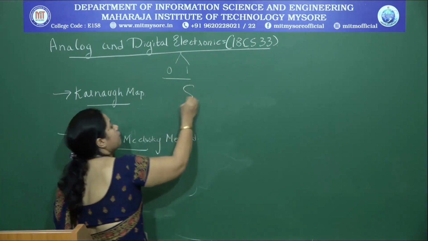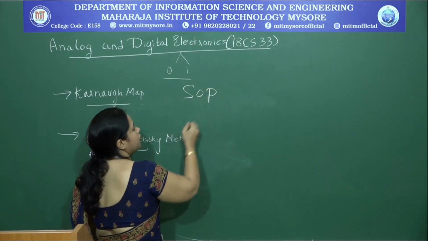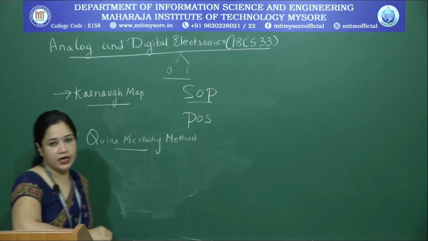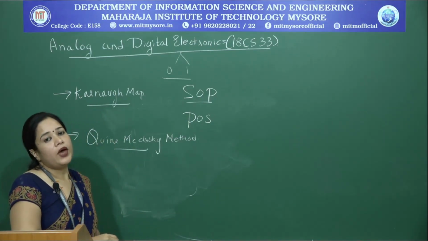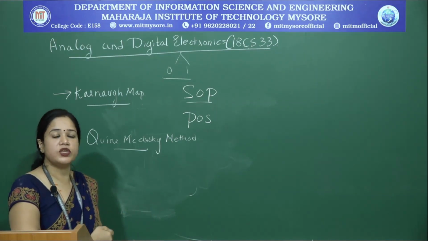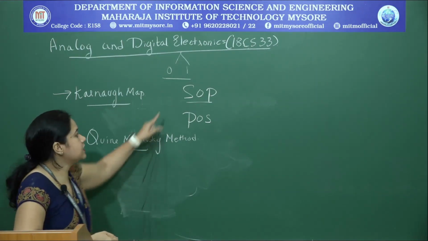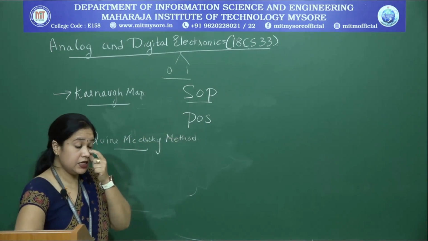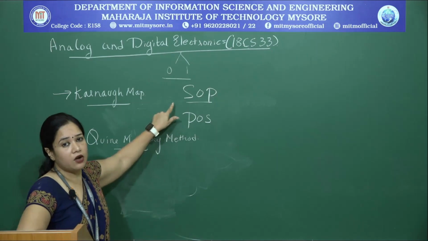Any Boolean expression can be represented in two forms. One is sum of products, SOP form, and the other is POS form. In SOP form, as the name indicates, it is sum of products, wherein you have a series of product terms which are summed together. This is realized in two levels, that is using a series of AND gates followed by an OR gate.